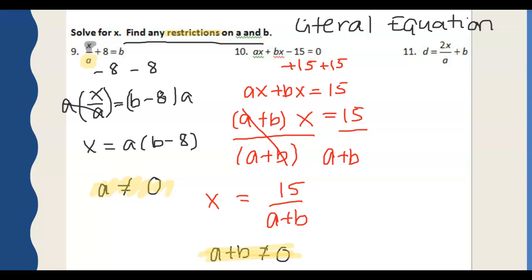Okay, and 11, we're trying to get x by itself. So we're going to subtract the b term from both sides. And then you have 2x divided by a. So to get rid of division, we multiply.